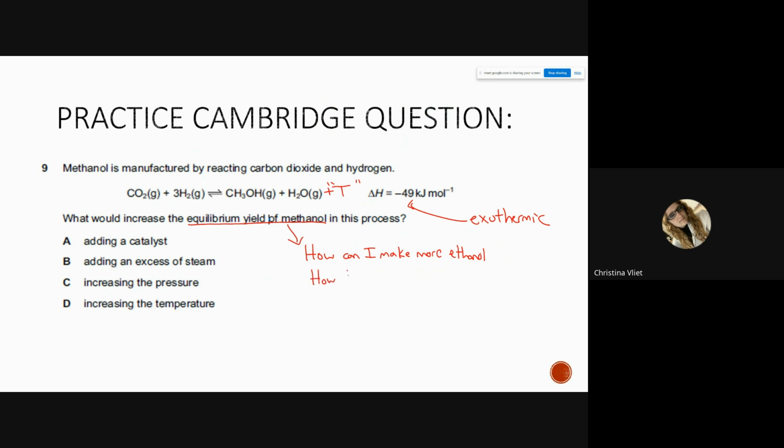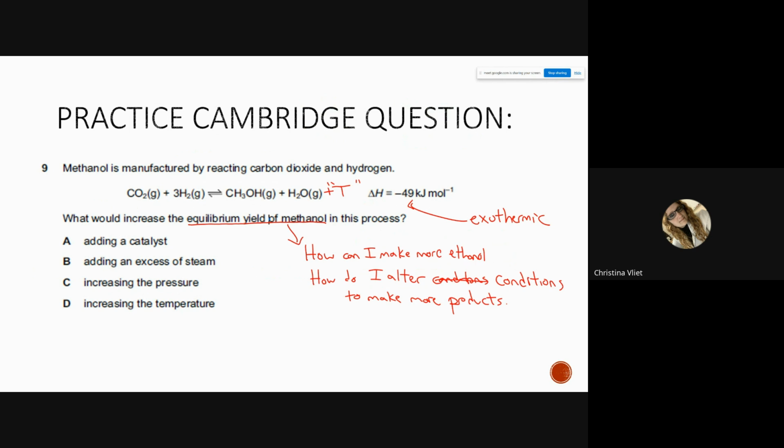So how do I alter conditions to make more products? So far, so good? That's just understanding what's being asked. So equilibrium yield of methanol means I want to know how do I make more methanol?